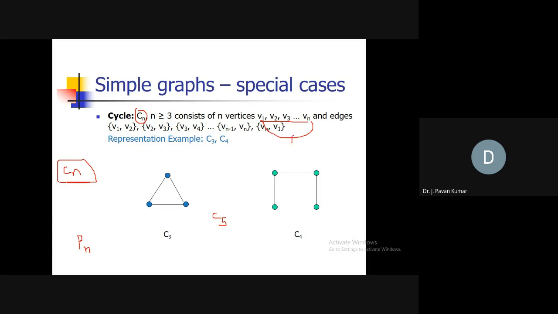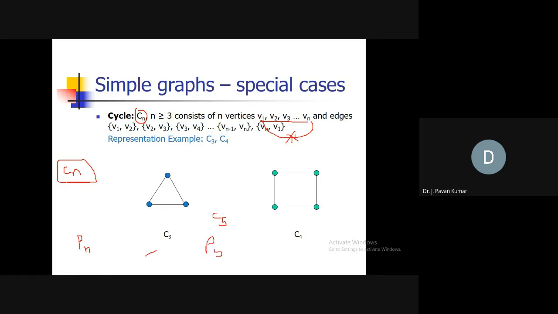That means this last edge we will not have in the path graph. So there should exist an ordering v1, v2, v3, and so on up to vn, such that v1 is adjacent to v2, v2 is adjacent to v3, and so on, vn minus 1 is adjacent to vn. That's it. But no cycle exists.